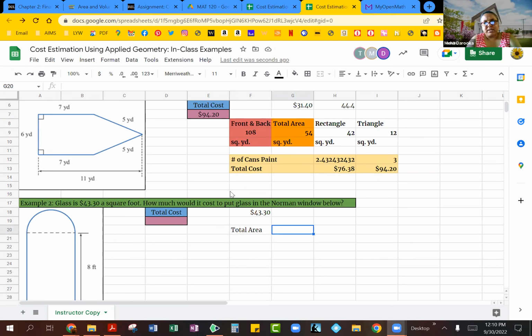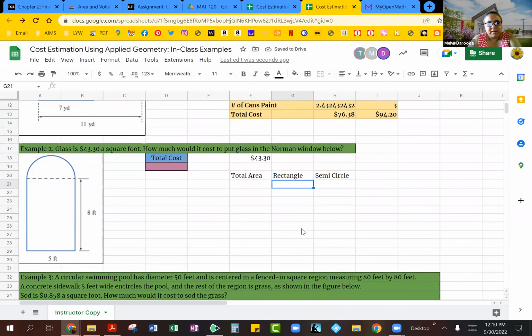So again, we will need to find the area of the rectangle, and of course, of the semicircle. All right, let me see what you guys have as the area of the rectangle this time. Michael, very nice.